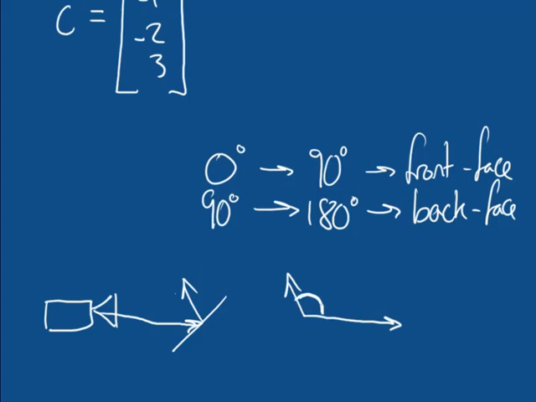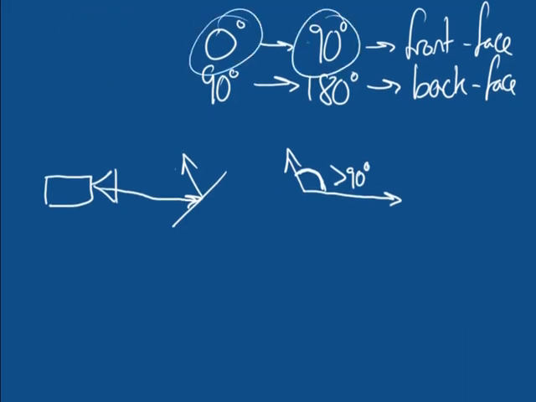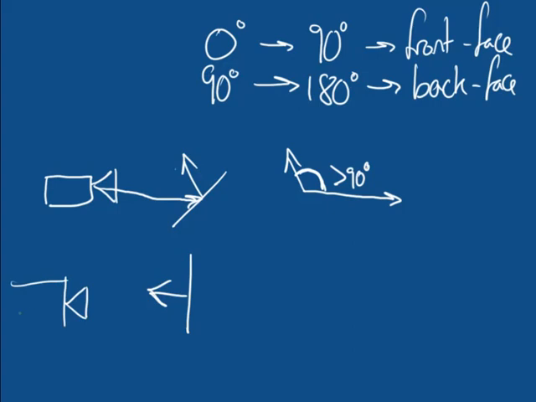The angle is actually going to be greater than 90 degrees all the time we're looking at the front face, because if we go through the same process as before, we have our surface normal pointing directly at the camera, and our camera vector is pointing in the opposite direction. The angle between those two vectors is 180 degrees.